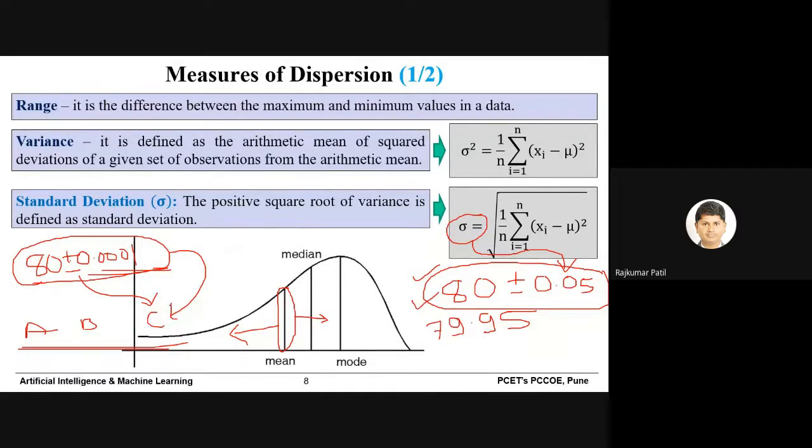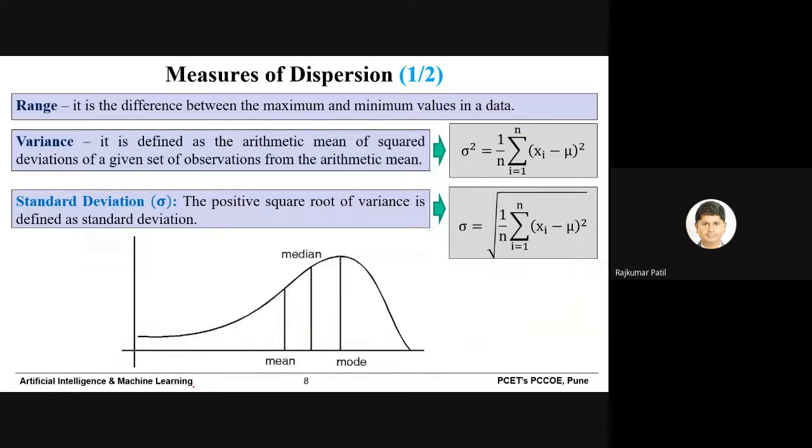So here we have utilized the past data of machines A, B and C, and based on that data analysis we decided which machine is to be used for manufacturing such a tightly designed component. So both ways you can use the standard deviation. Okay, then we will go ahead.